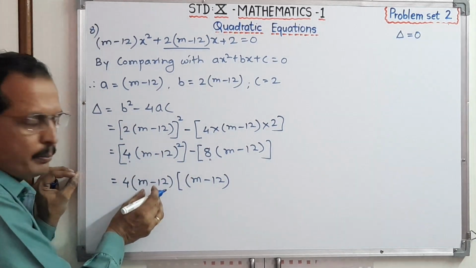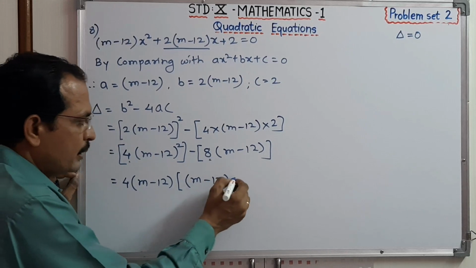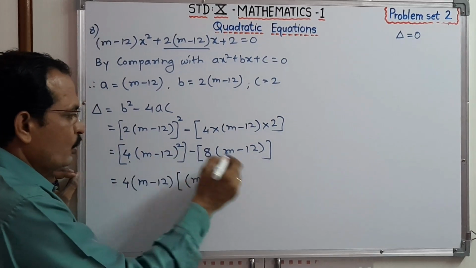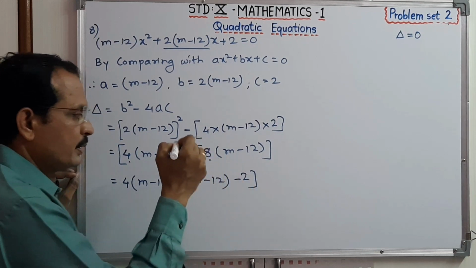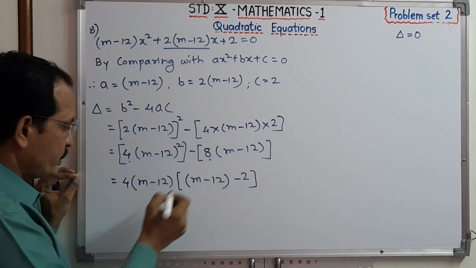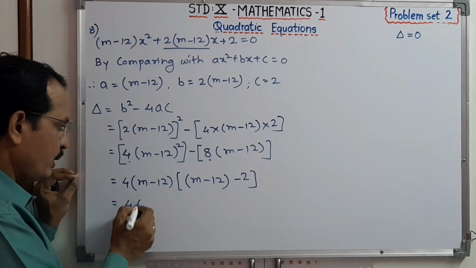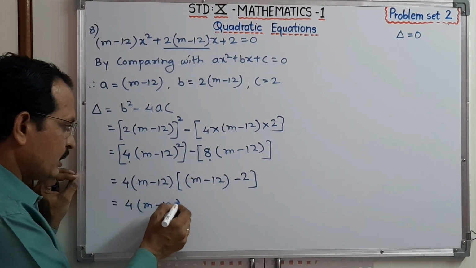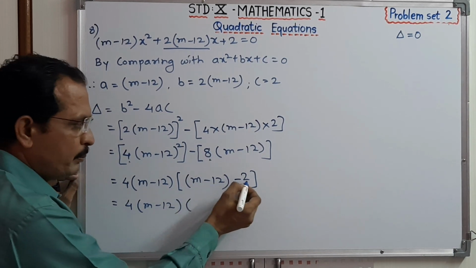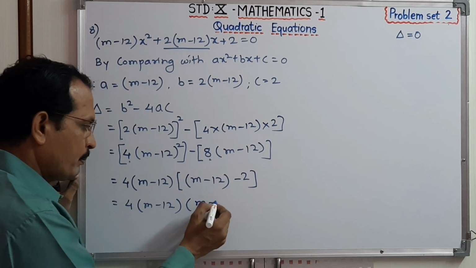From that we take out m minus 12 as a common. Then minus, here 4 2 is 8, therefore 2 is there, minus 2 is there. Now 4 into m minus 12, and here m minus 12 and minus 2, it is m minus 14.